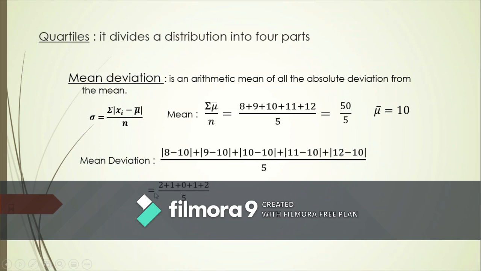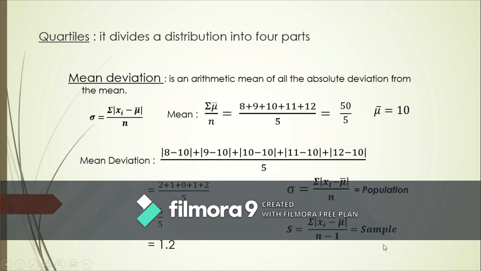And so on. At pag inadd natin ito lahat at dinivide sa 5, ang magiging value niya ay 6 divided by 5, which is equal to 1.2. So, the mean deviation of this set of data is 1.2. So, ang ginamit po natin kanina ay para sa population po.